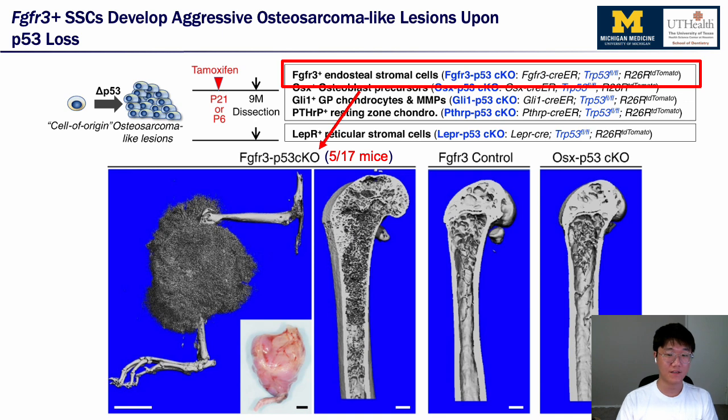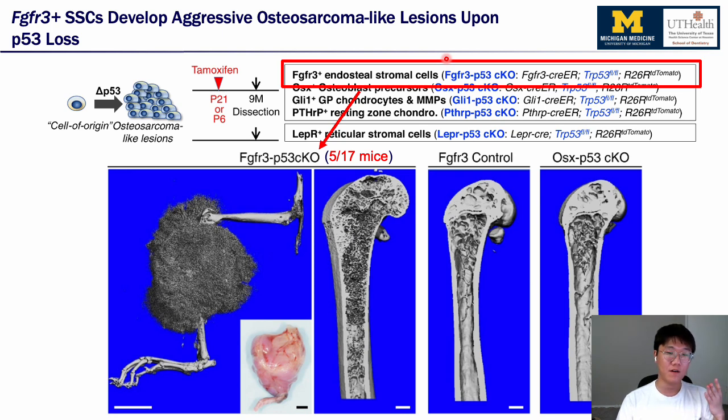And next, we asked what the potential role of these FGFR3-positive endosteal stem cells might be in pathological conditions. So a little bit of background again. Osteosarcoma is a bone tumor with an unknown cellular origin, in which P53, encoded by TRP53, is identified as a driver gene in humans and mice.